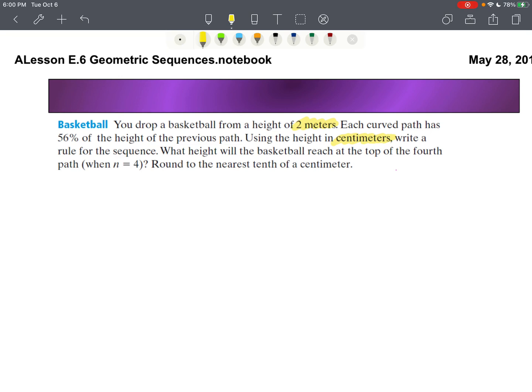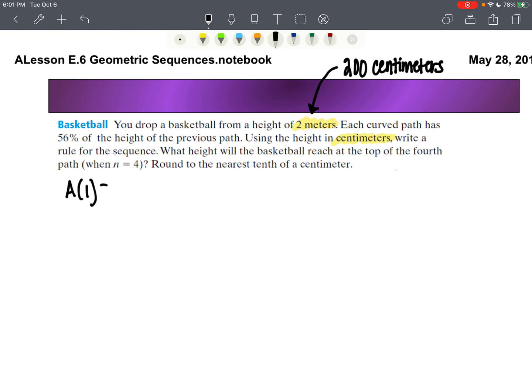Well, how many centimeters are in a meter? There are 100 centimeters in 1 meter. Therefore, 2 meters is equal to 200 centimeters. So that's what we're starting with.